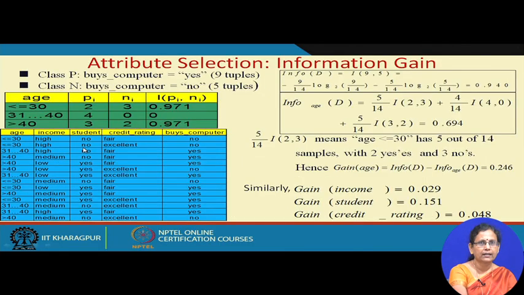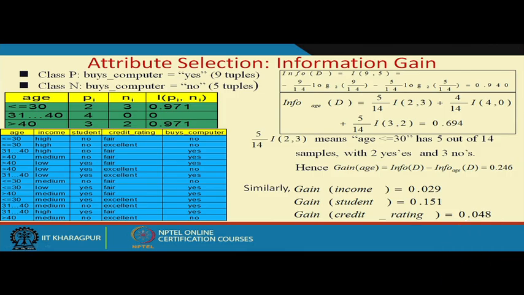So, we continue with that example. This is the data that we have already seen. The information content of the entire data set, where 9 of the tuples were with yes decision and 5 of the tuples with no decision.